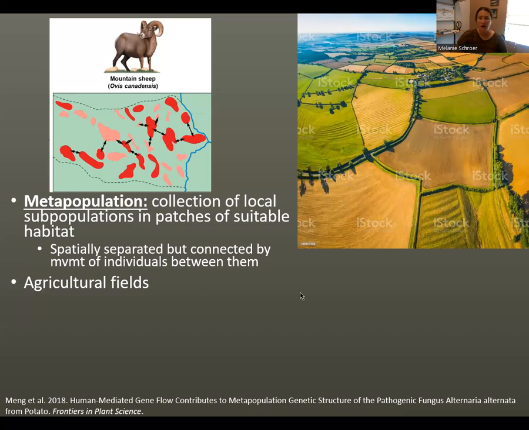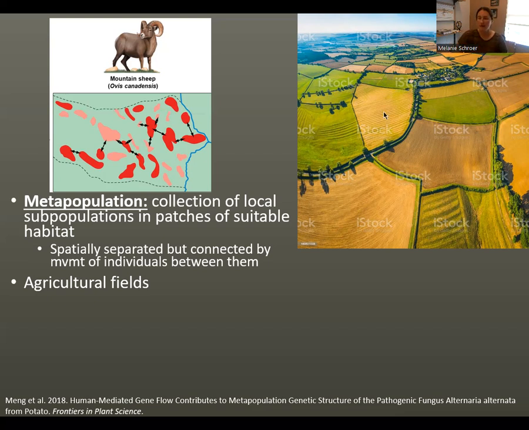And so what we can see here is, an individual that lives in these shrubs, right? Their population, right? This population is somewhat isolated from this population because there's all these crazy fields in between. But there might still be some migration of individuals between these two metapopulations. Also, we could talk about the agricultural plants and the things that live on them as well.